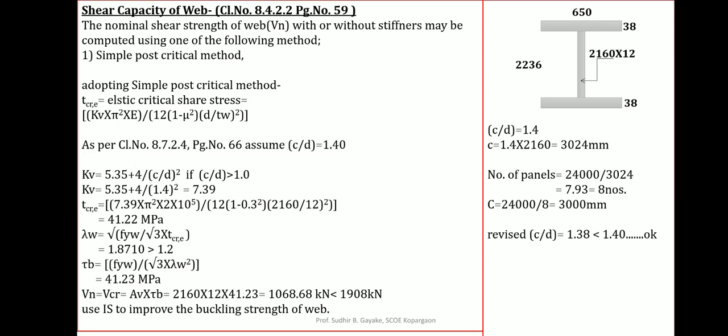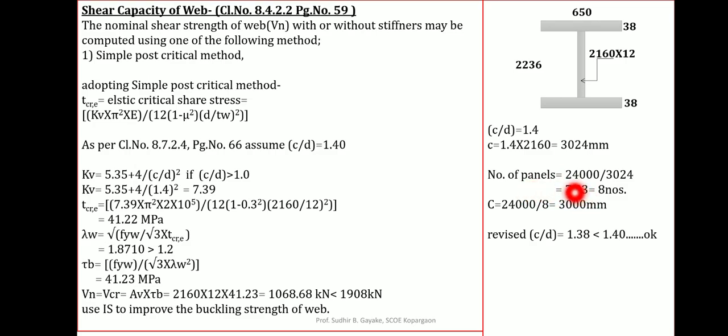Now calculate the actual C by D ratio, which is equal to 1.4 we are assuming. So 1.4 into D value, which we know is 2160, you can calculate the spacing, that is 3024. So in short your stiffeners will be spaced at a distance of 3024. According to this you can calculate the number of stiffeners or panels.